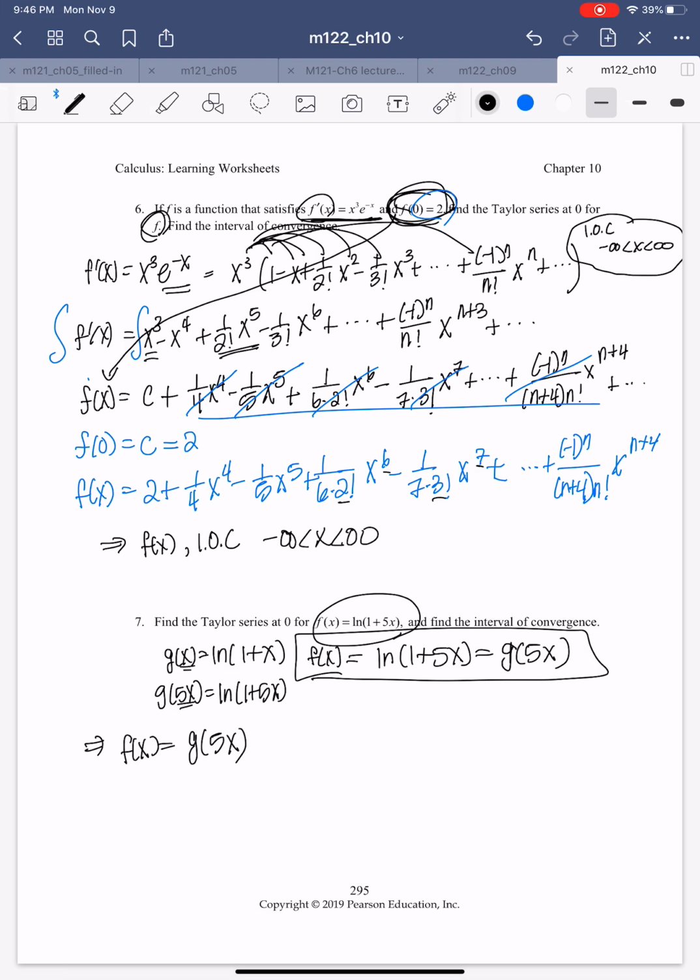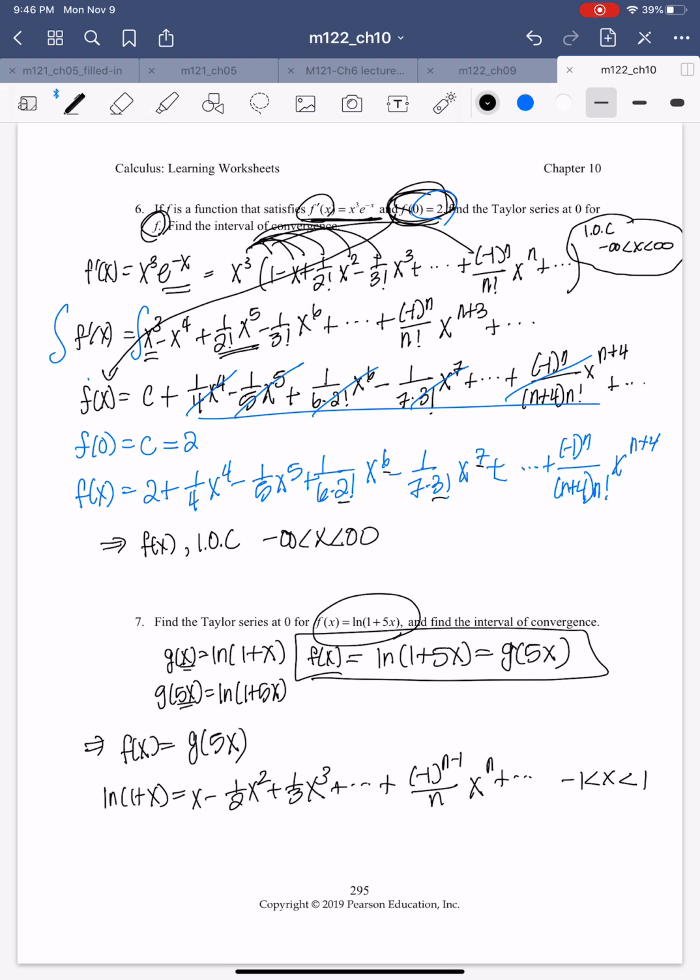Well, we know that ln of 1 plus x from the table is x minus 1/2 x squared plus 1/3 x cubed, all the way up to negative 1 raised to the n minus 1, over n, x to the n, for x from negative 1 to 1. That's table 1 from 10.3.